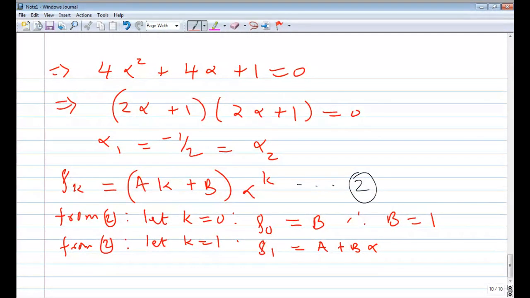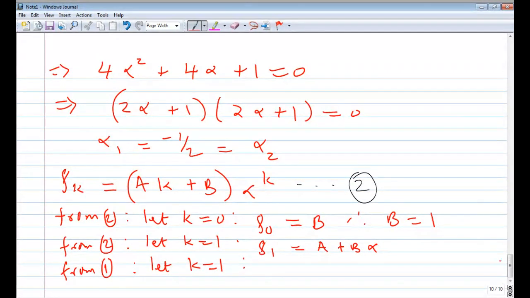But you can substitute alpha by minus half, and B by 1. But let's find rho 1 first. And how do we find rho 1? You find it from equation number 1, by letting K to be equal to 1.